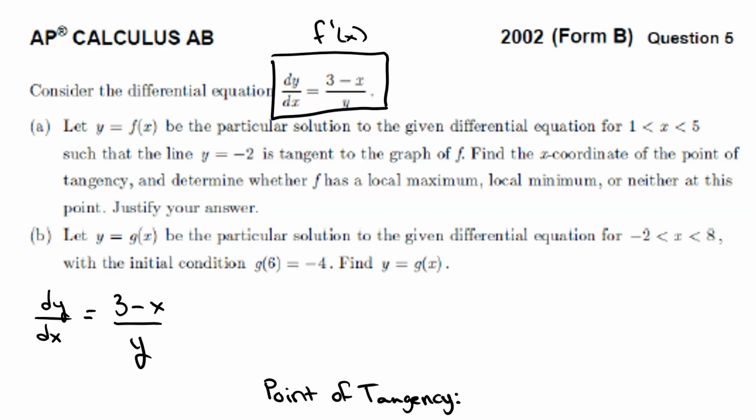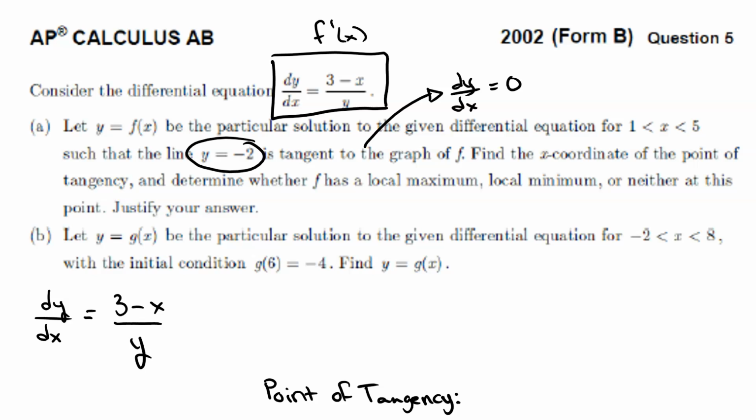But we're told that y equals f of x is the particular solution to the given differential equation on the interval where x is between 1 and 5, such that the line y equals -2, so that value of y is going to become important, is tangent to the graph of f of x. So tangent is telling us that we've got our derivative equal to 0 at that point, right? Our tangent slope is 0.